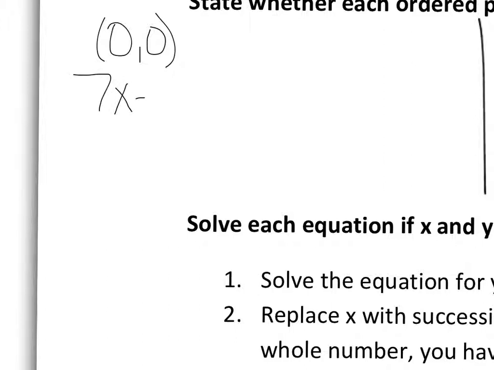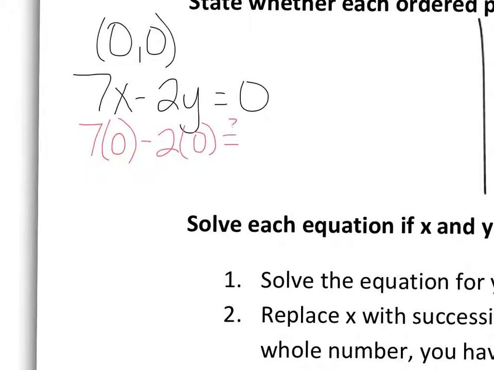So my equation was 7x minus 2y equals 0. What am I going to plug in for x? 0, because my ordered pair tells me that x is 0. So instead of x, I'm going to write 0. What am I going to write instead of y? A 0, and I'm checking. When I figure out what that is, does that equal 0? It does. So 0, 0 is a solution.